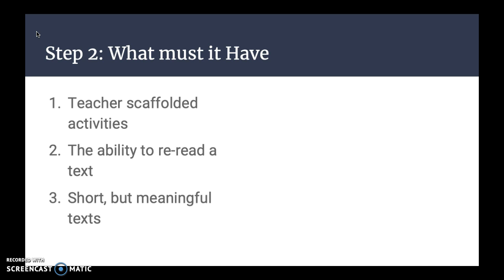The text, as I stated, does need to be short, but it also needs to be meaningful. Choosing a text that is not meaningful to students, both within their purposes, doesn't make sense. Meaningful texts don't always mean canon texts.